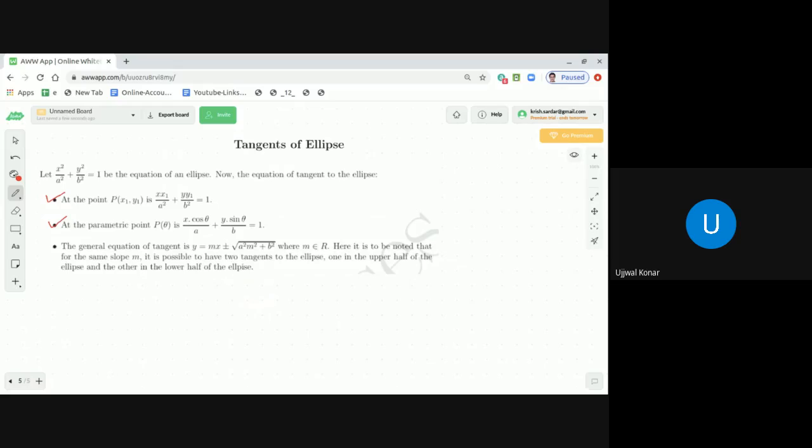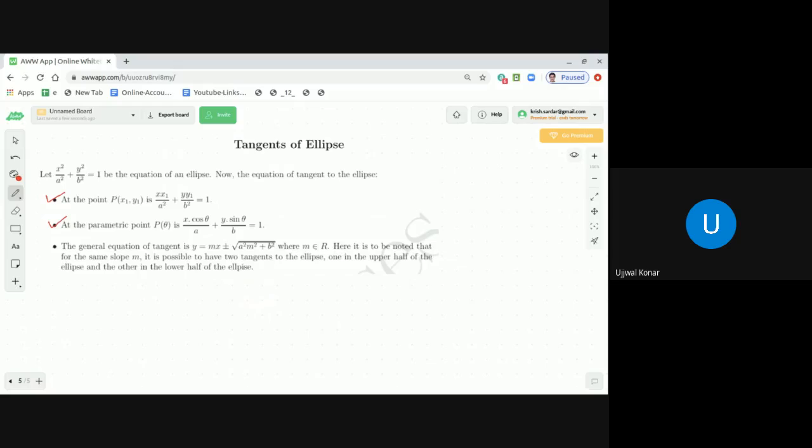So these are the two important things, because so far, dear students, we have learned about two different types of points on an ellipse. One is the Cartesian coordinate, which is quite general, (x1, y1), having both x coordinate and y coordinate, and another is the parametric form, (a cos theta, b sin theta), in which we have only one parameter, that is theta.